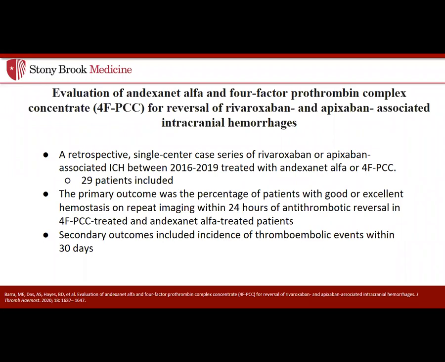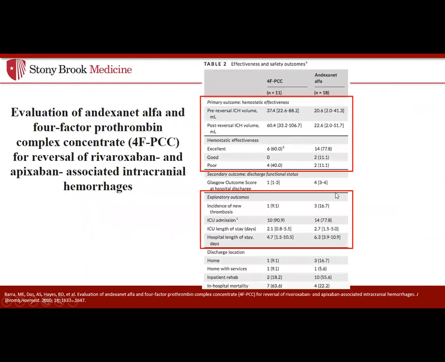There were 29 patients included, and the primary outcome was to see the percent of patients who achieved good or excellent hemostasis within 24 hours of the bleeding event. And then secondary outcomes, which I liked about the study, was to look at the incidence of thromboembolic events within 30 days. So what they found was that the effective hemostasis was achieved in about 89% of Andexxa patients and about 60% of the 4-factor PCC patients.